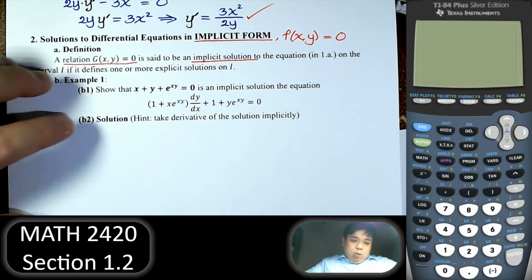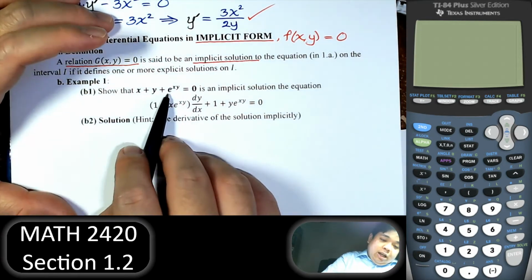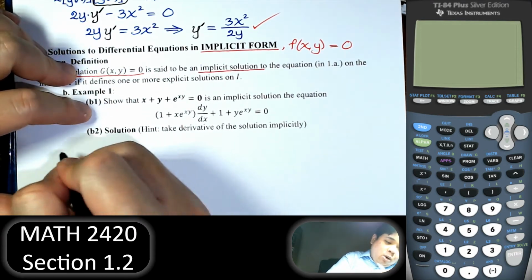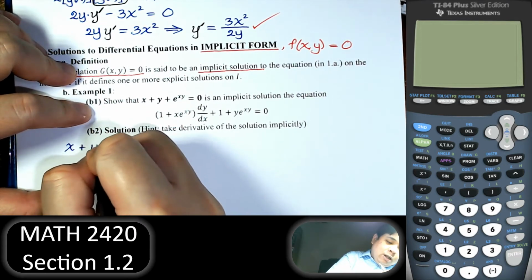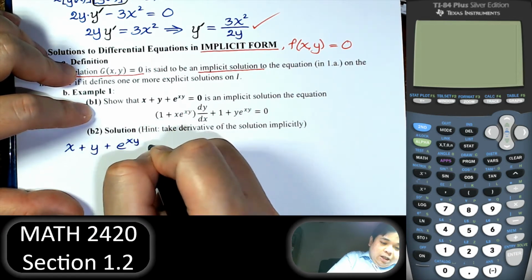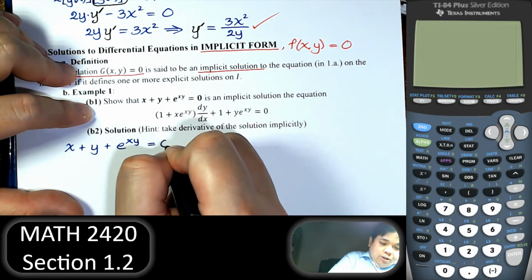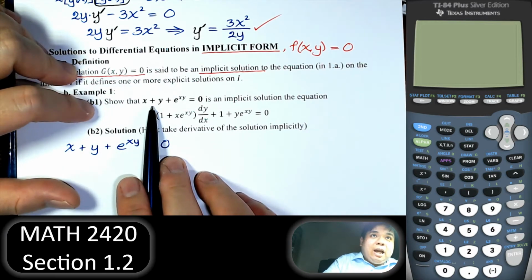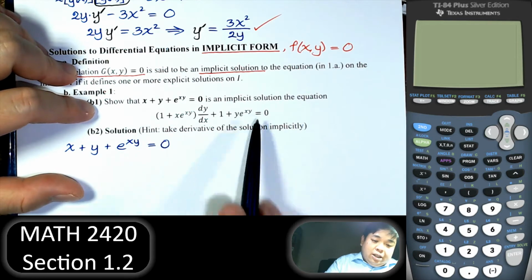Now what we have is x plus y plus e to the xy equal to 0. So we start with x plus y plus e to the xy equal to 0, and that is what's given. Now the equation is given.